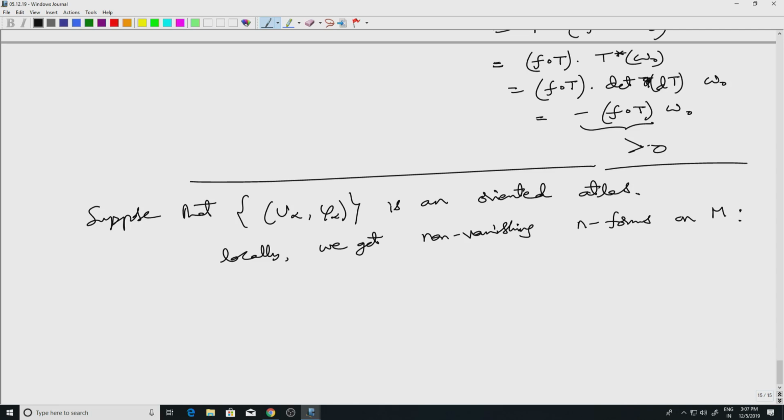Like in the previous construction, we had an n-form on the manifold and we used charts to get n-forms on open subsets of R^n.